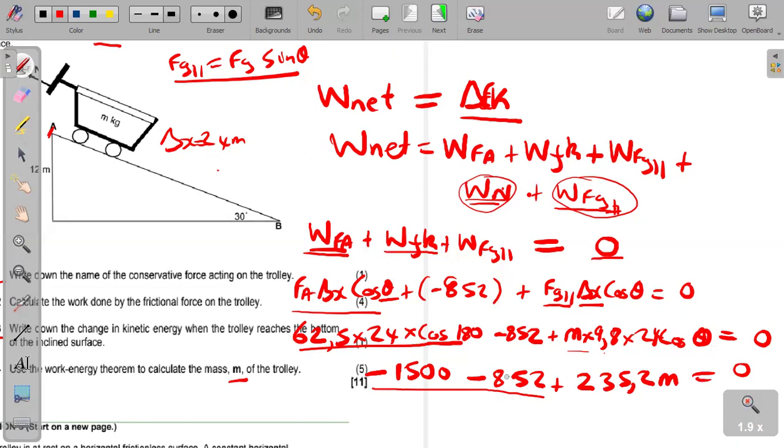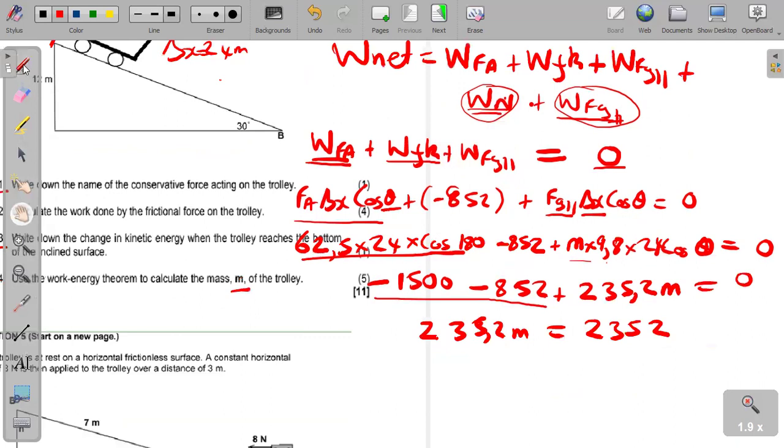Transpose it to the other side. Obviously, we have 235.2 m is equal to, this is giving us negative 2,352. Transposing it to the other side, it becomes positive 2,352.